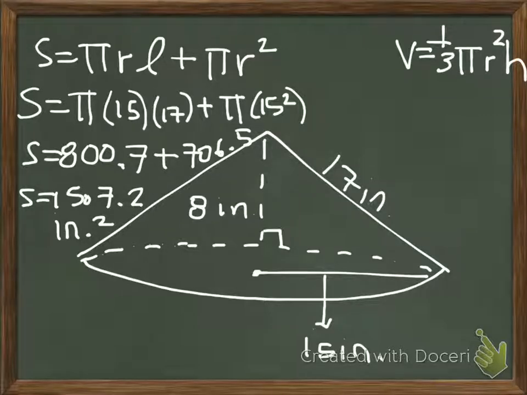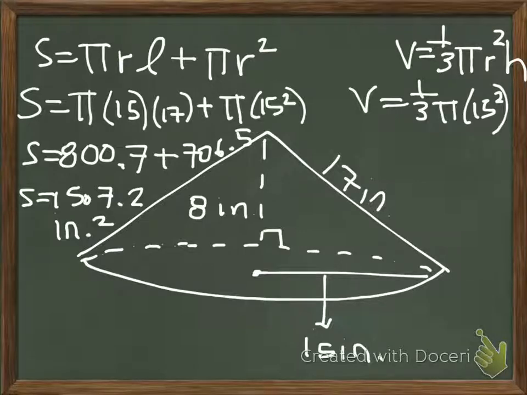And then 1/3 pi r squared h is our volume, so we'll fill that in with our parts. So 1/3 pi r is 15 squared, and height, h, is the up and down height, or the vertical height, not the slant height. So we put in 8. And we multiply this, we have 15 squared, which is 225, and we're going to multiply everything together now.